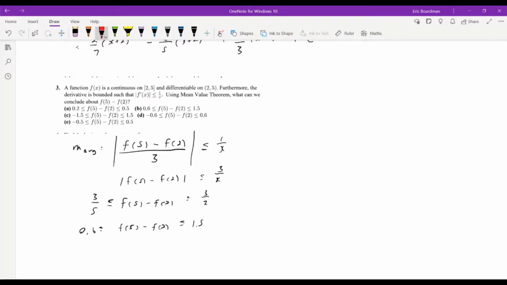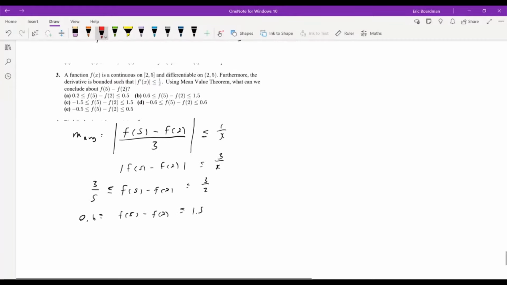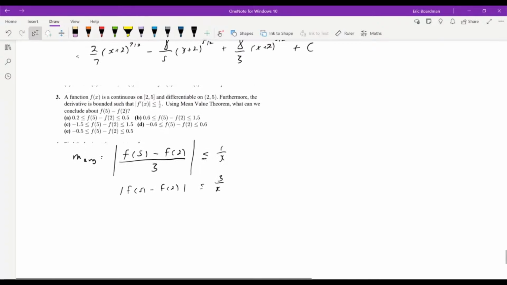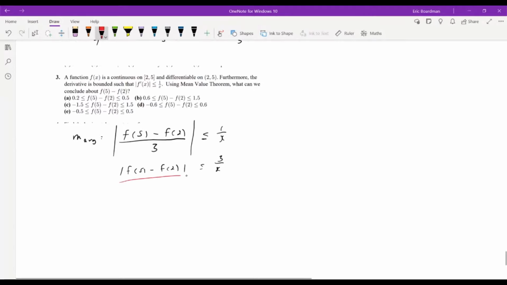Currently it's negative 1.5 and, oh yeah, since this is the absolute value, yeah, it should be. Since 3 over 2 is greater than 3 over 5, we want to maximize 3 over x to see what the biggest f of 5 minus f of 2 can be.